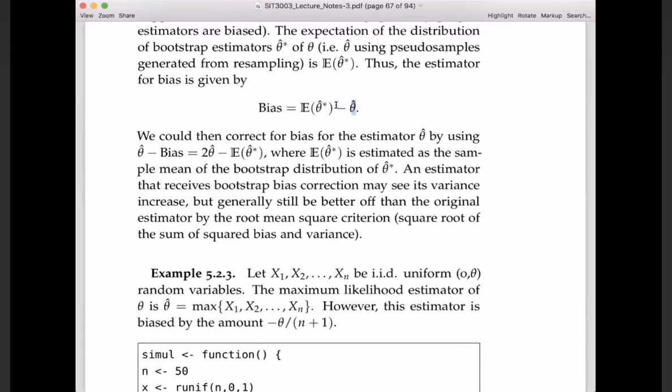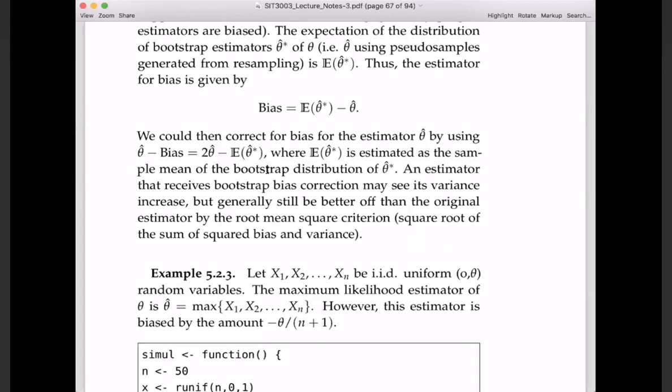Then you correct by subtracting this bias from theta hat. That gives a formula like 2 times theta hat minus the mean of the bootstrap distribution of the estimator using the pseudo samples.